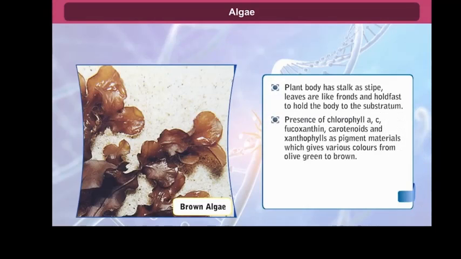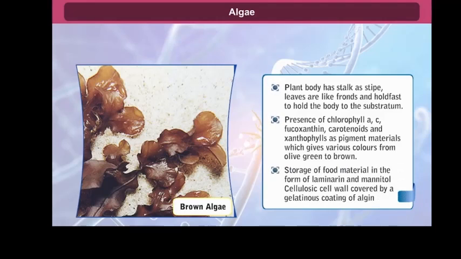Presence of chlorophyll A, C, fucoxanthin, carotenoids and xanthophylls as pigment materials, which give various colors from olive green to brown. Storage of food material in the form of laminarin and mannitol. Cellulosic cell wall covered by a gelatinous coating of algin.